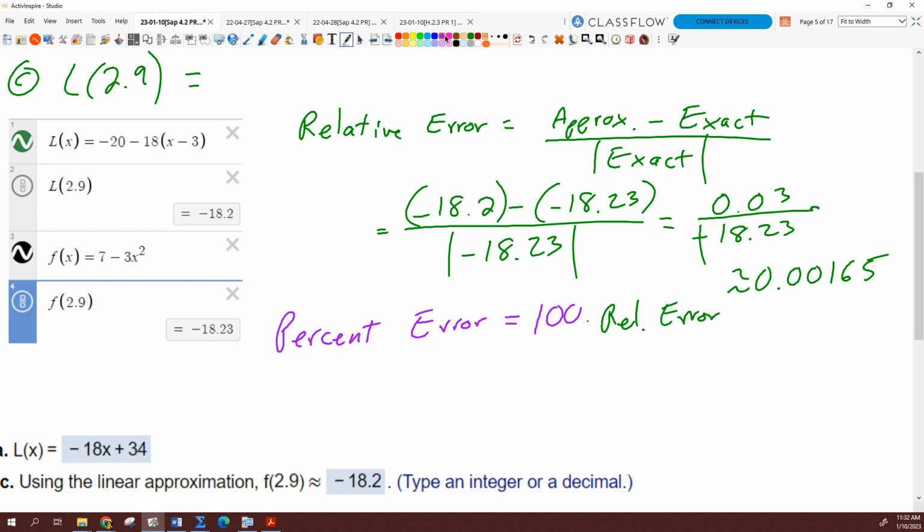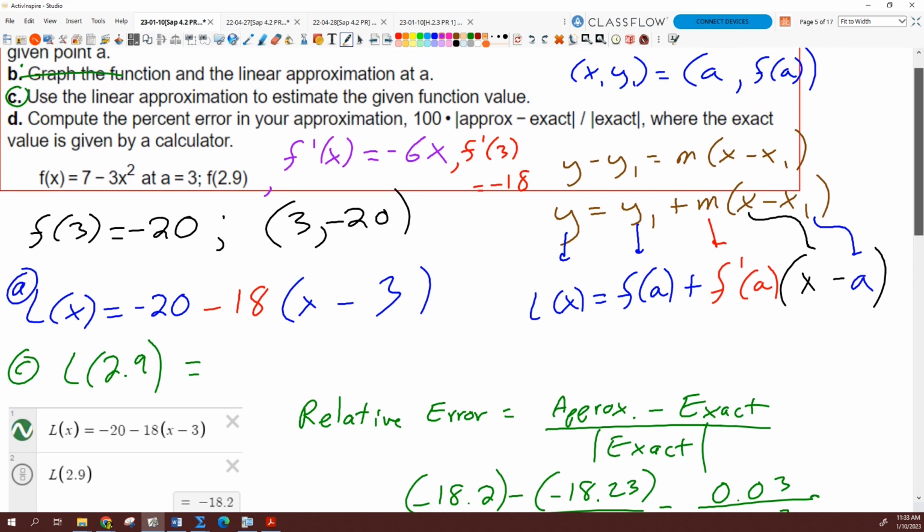So our percent error then in this case, if I just move the decimal 2 places, we end up with about positive 0.165%. Okay, so our estimate overshot by less than 0.2% of the original value. Okay, that makes sense?